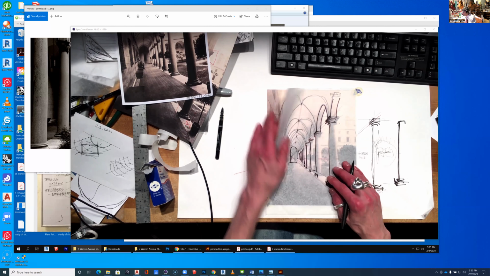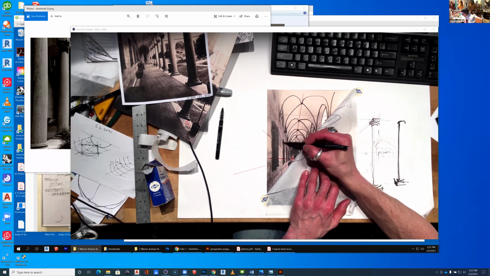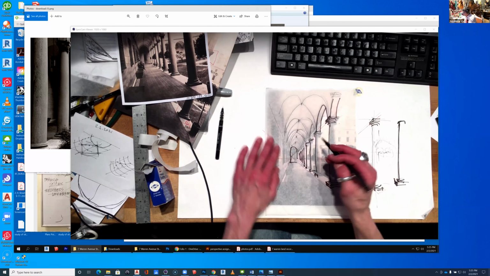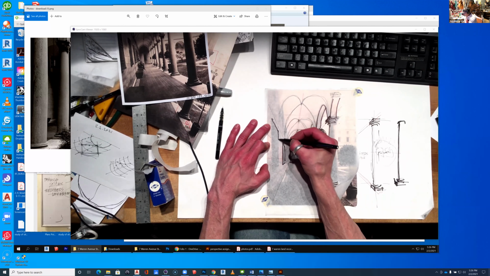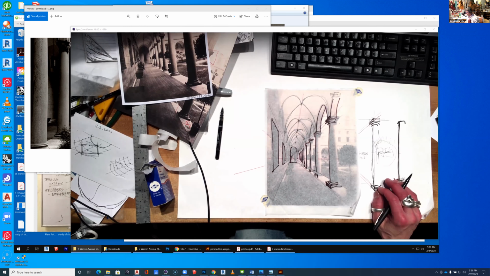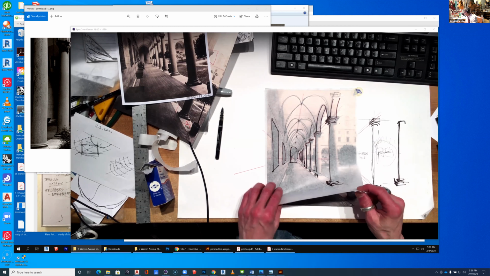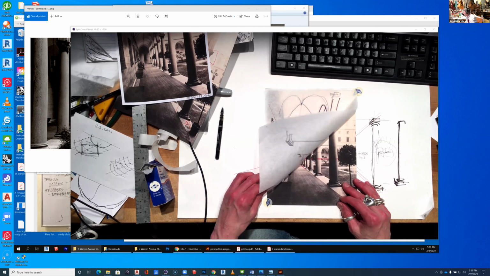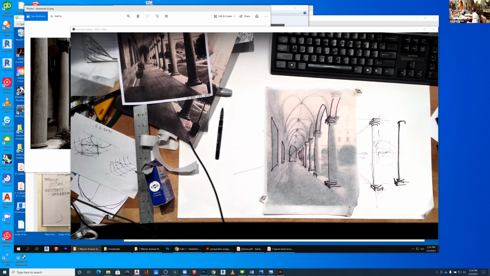If I drew lines over these openings, I don't really even need to, but I could. Then finally what I have, I'm not doing it very carefully right now, right? You probably noticed that.